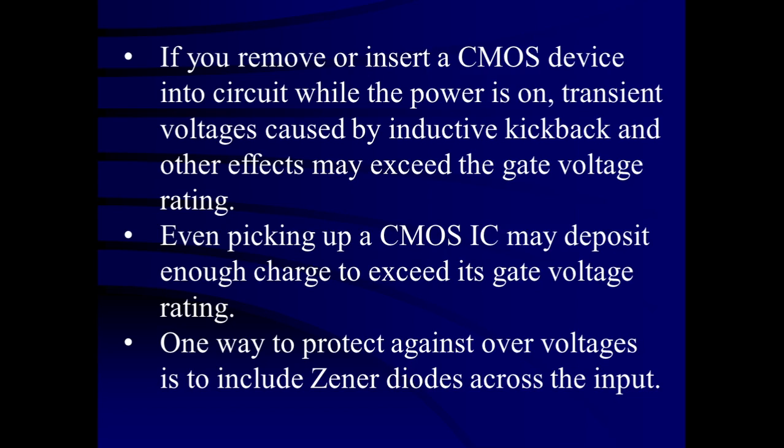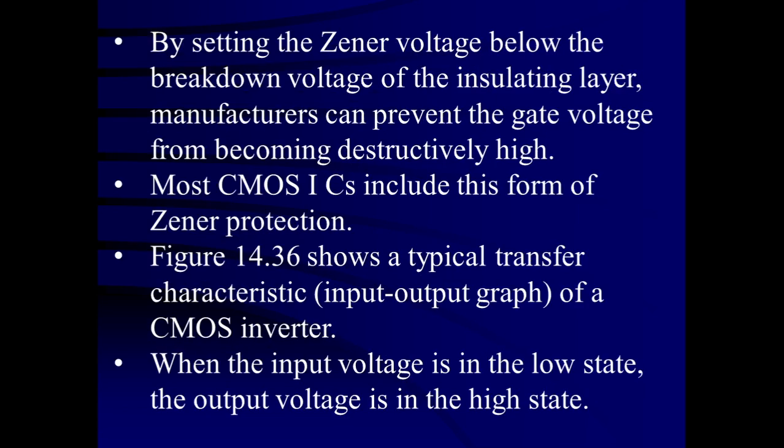The Zener voltage should be lower than the excessive gate voltage rating, so that when an excessive voltage is there, the Zener diode in reverse bias starts conducting, and the voltage across the gate and source will always be less than the excessive gate voltage rating, and this way the CMOS can be protected.